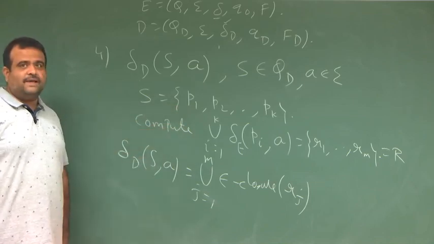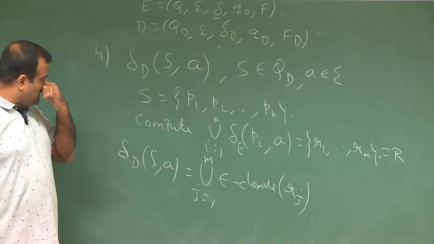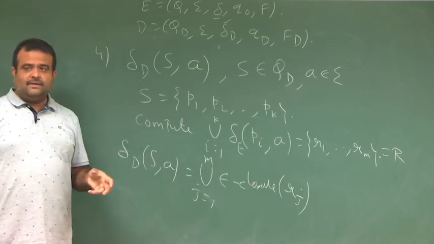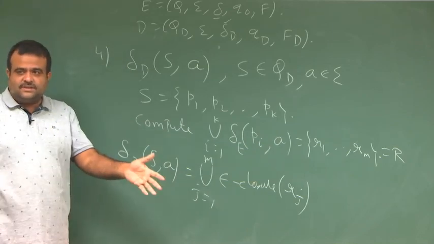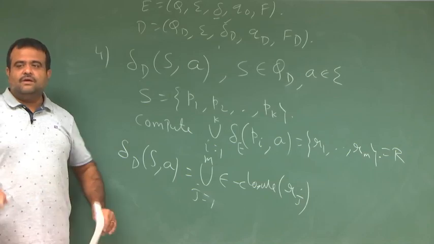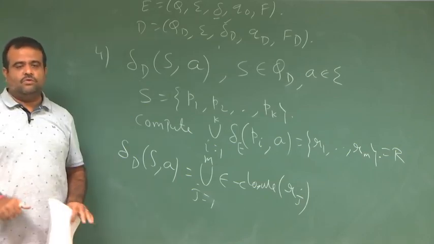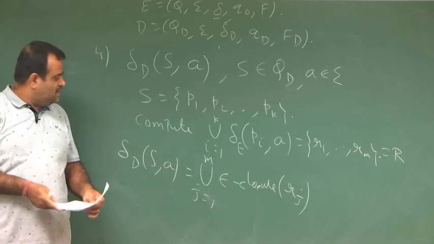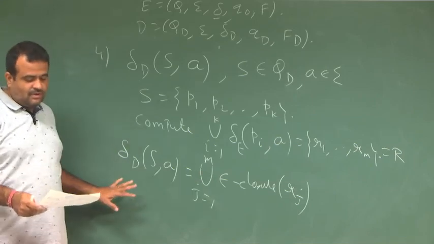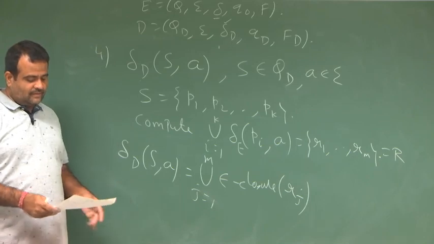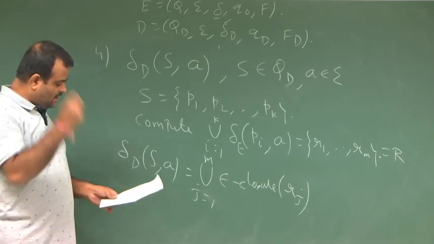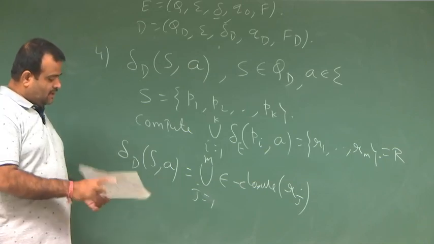So, we take these p i's, from p i we consider the move on a, we go to some states. Now, from there we consider the epsilon closure, where we can go by the epsilon move. So, we are capturing this epsilon move inside this. So, this is our delta d of s comma a.